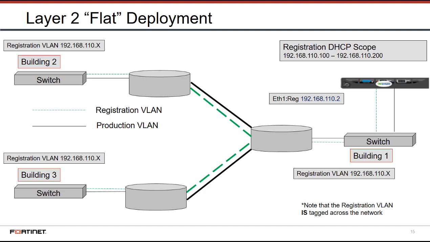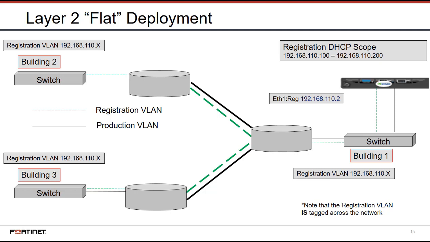So if a host were to connect and be isolated in building 2, for example, when the port came back up and the host requested a new IP address, its DHCP request would be seen by that interface of Ethernet 1 sitting on the registration VLAN, and then the Fortinet would respond with an appropriate IP address from a scope configured on the Fortinet, and it would also respond with its own interface as being the DNS server.